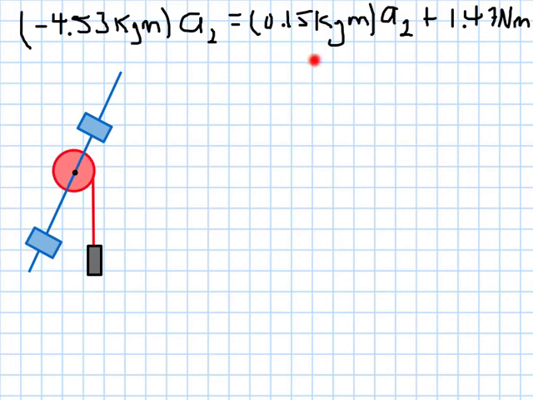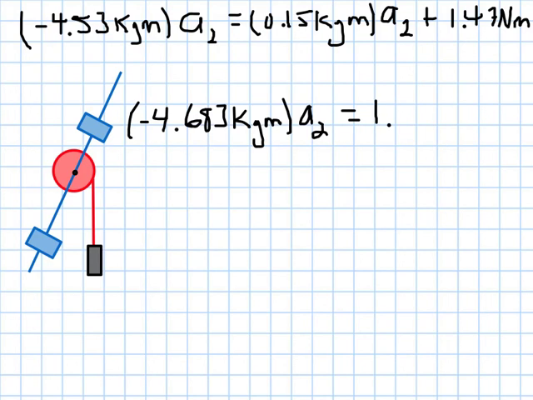Here's the equation we've come up with. The only unknown in it is the acceleration of the hanging mass. That's what we're trying to solve for. So now we're just going to do some algebra. I am going to subtract 0.15 kilogram meters times the acceleration of the hanging mass from both sides. And so that's going to leave me with a negative 4.683 kilogram meters times the acceleration I'm looking for.